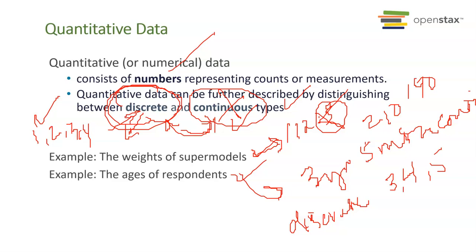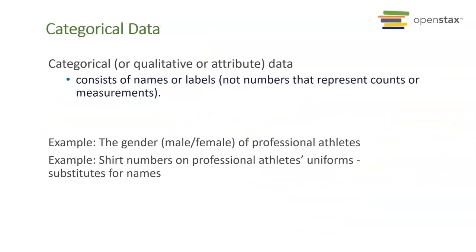Now, to compound the number confusion, sometimes numbers are used as labels and are then considered categorical or qualitative. Take the numbers on your uniform: you play a sport and your jersey number is 3 or whatever. You're not the third person on the team. It's not a ranking. It's just a number on a shirt. It's just a label, so it doesn't represent anything.